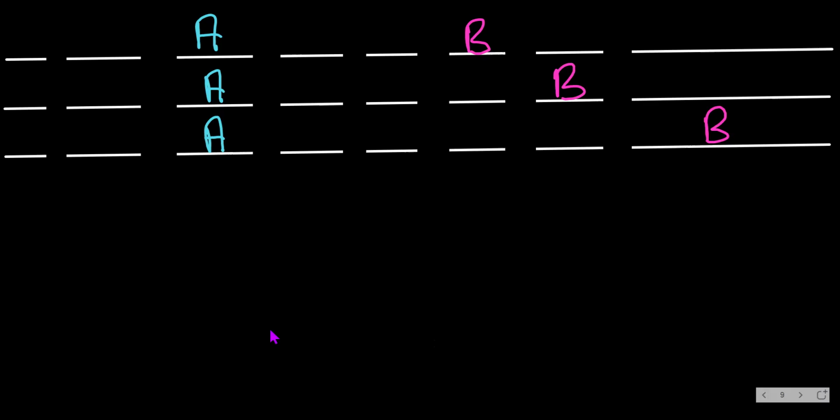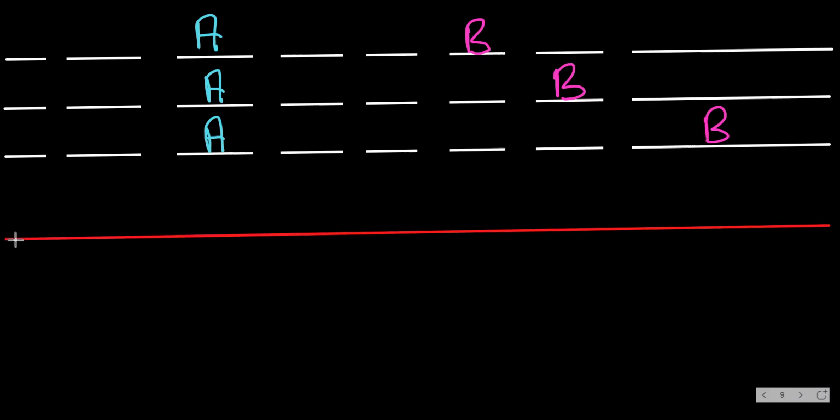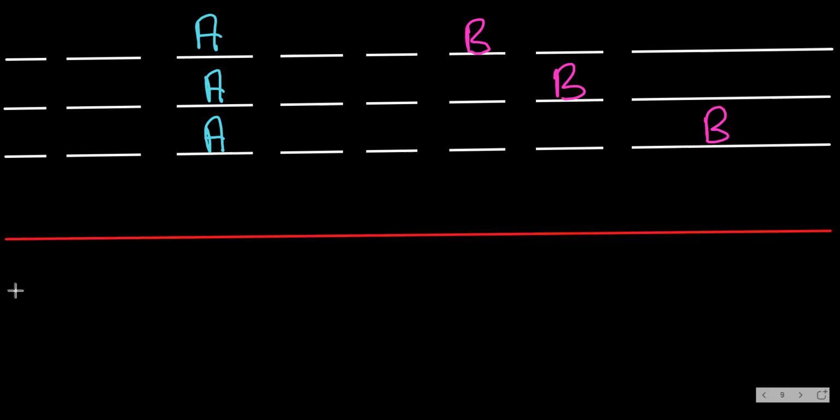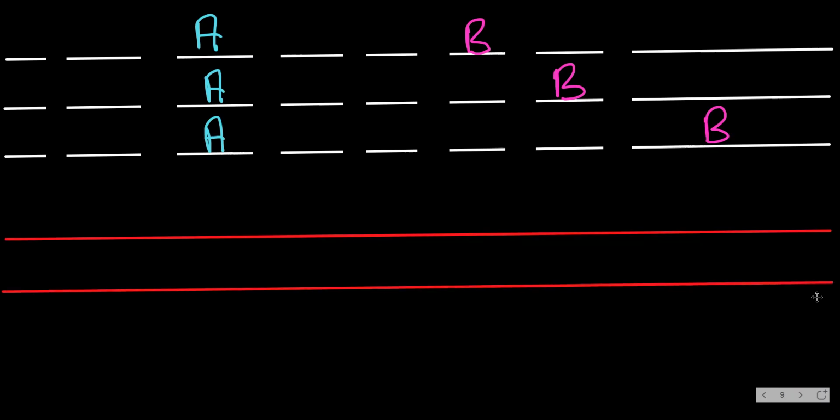I'll use red on this one so that I don't have to go to the next slide. Yeah, I think 2 is fine for this one. 1, 2. 1, 2, 3, 4, 5, 6, 7, 8.